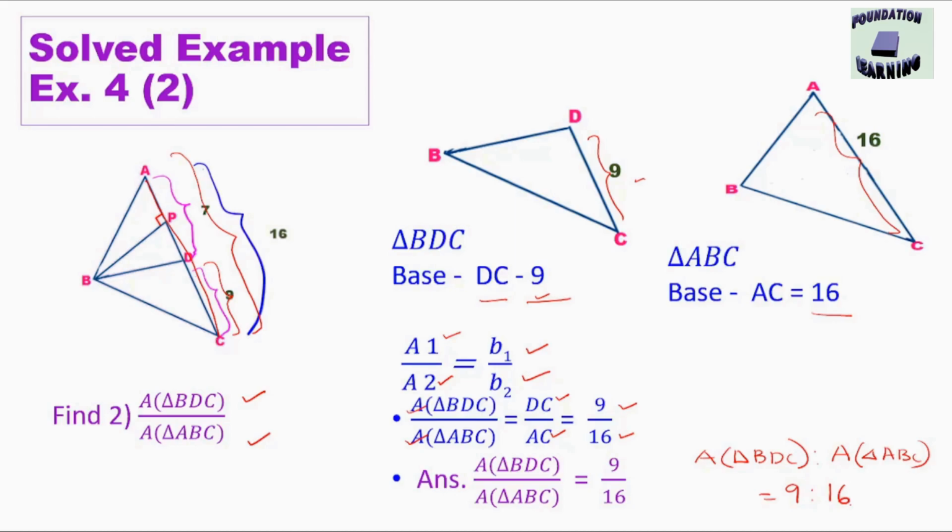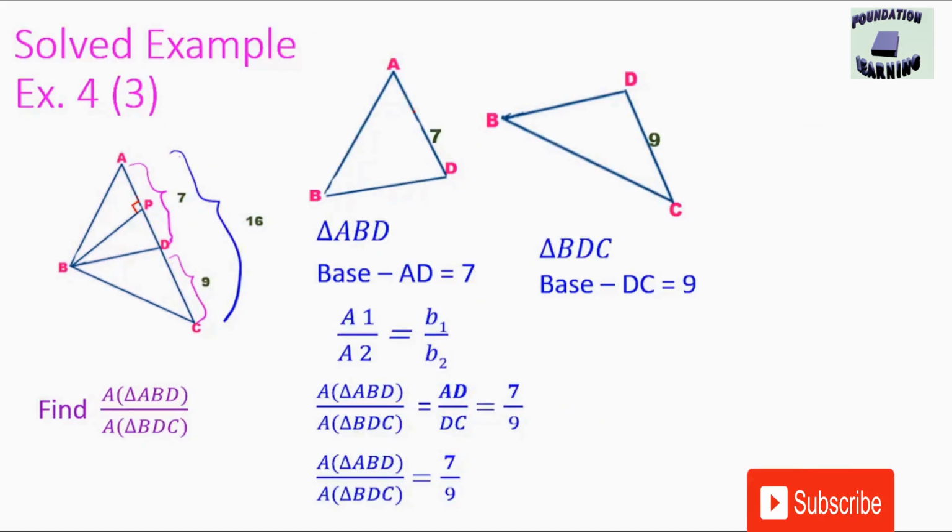Now we go to the third and final part of this fourth example. Then next part, it was ABD upon BDC. Now ABD, we have done in the previous examples. AD is 7, base is AD, which is 7. See, AD is here. Actually we are taking the base from this side.